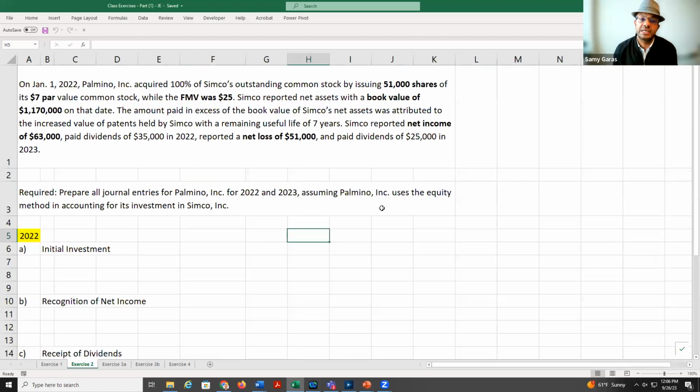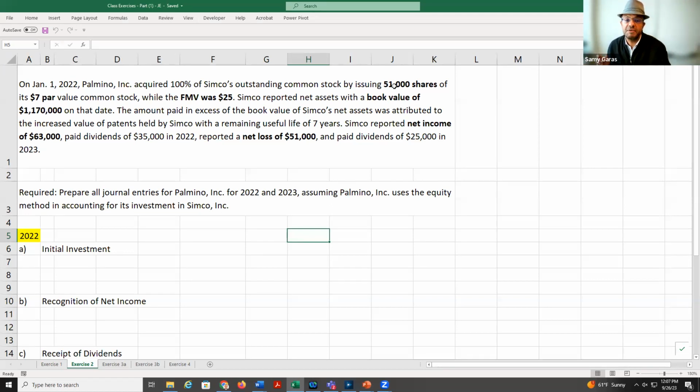And here we see the company didn't pay cash, but the company issued stock. How many shares? We can see them here. The company paid 51,000 shares, but the par value is $7 per share, and the fair market value is $25. So how do we get the amounts now?